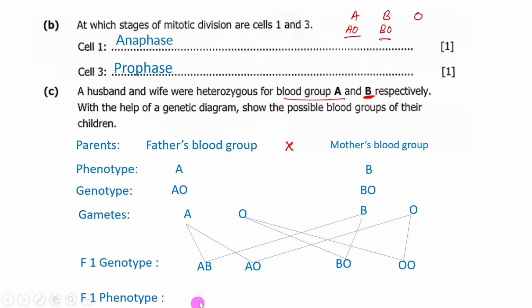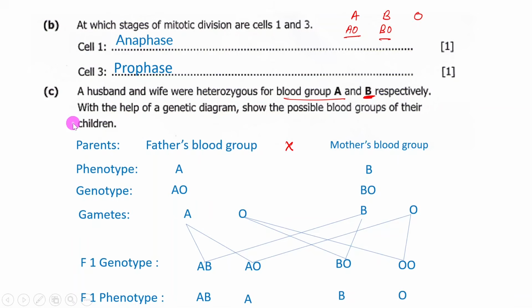So in this one, both A and B will occur. But in a situation where we have A and O, only A is dominant. In a situation where we have B and O, only B is dominant. In a situation where we have O and O, O is expressed, and like that. So this is how you are supposed to answer these questions.